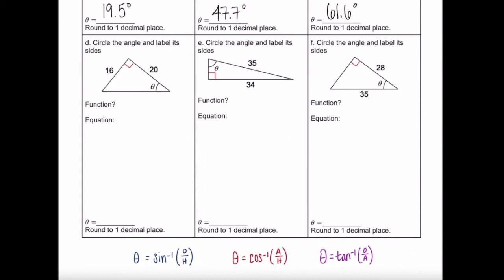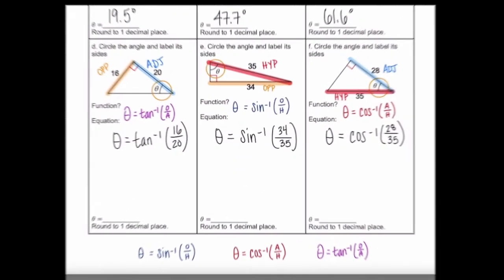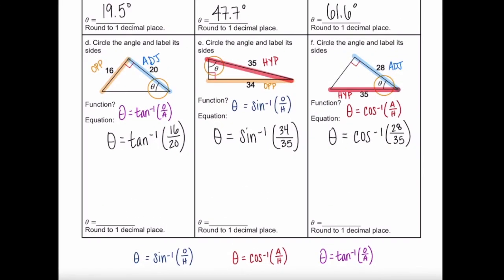Now it's your turn. Go ahead and complete problems D, E, and F on your own now. Let's see how you did. For problem D, you are given the opposite and adjacent sides, so we're using our inverse tangent. So theta equals inverse tangent of 16 over 20. Let's grab our calculators.